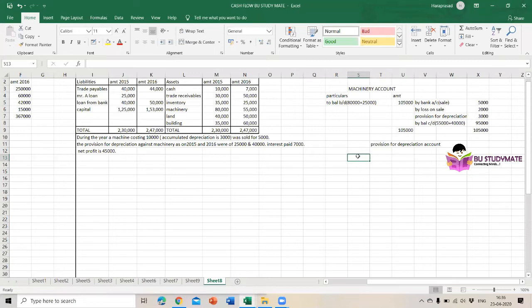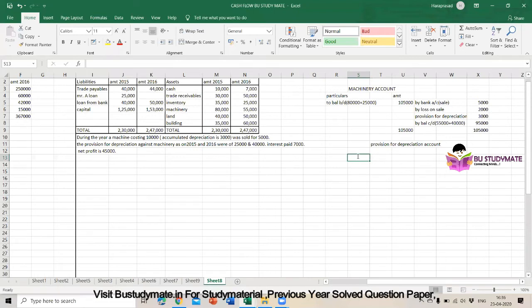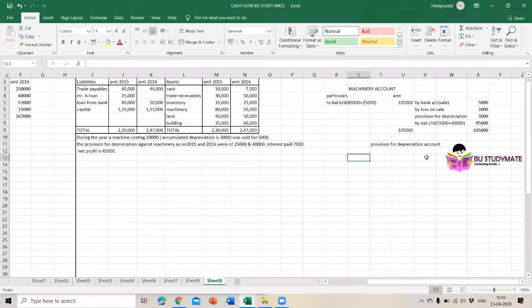And here in the provision, this is a liability. So to machinery account. How much is the depreciation? Provision for depreciation we have to get from the machinery asset account.